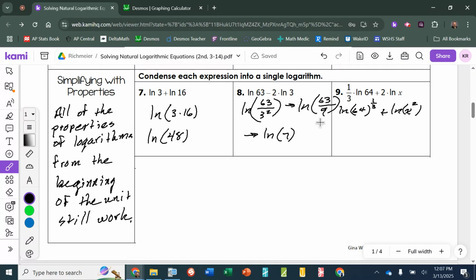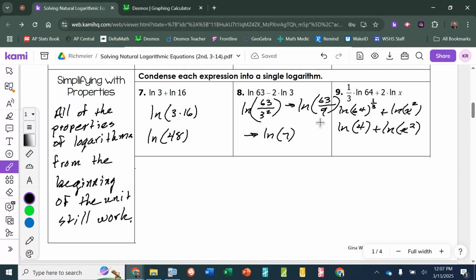Now, my bases are the same on these logarithms, so I could go ahead and use the product property, but I'm going to simplify this right here first. Because 64 to the 1/3 power is actually 4. So this whole thing is going to simplify to the natural logarithm of 4 plus the natural logarithm of x squared.